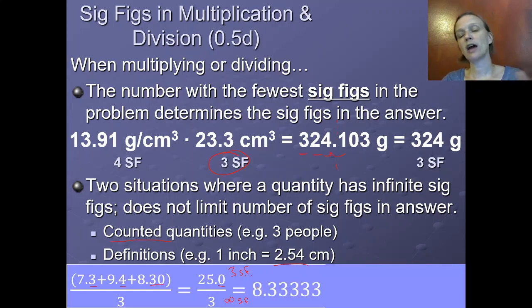So your calculator will give you 8.33333, however many repeating 3s will fit on your calculator screen. But we're going to report this to 1, 2, 3 significant figures. Oh, looks like I did centimeters, not number of candy bars. That's fine. It would be a little weird to eat 9.4 candy bars.